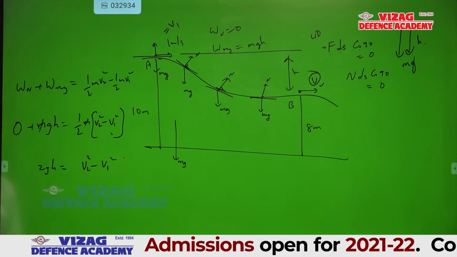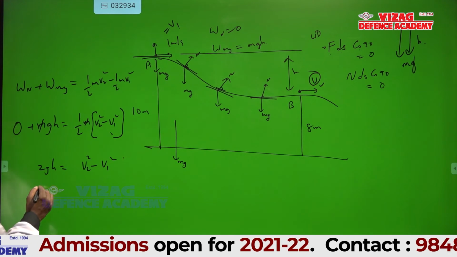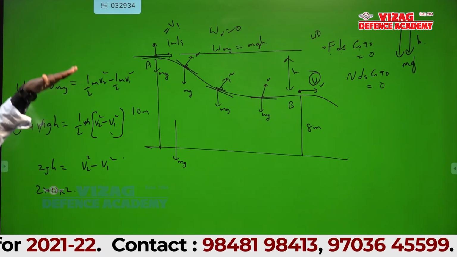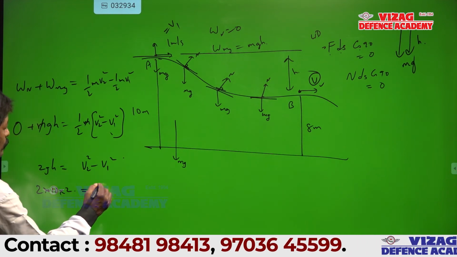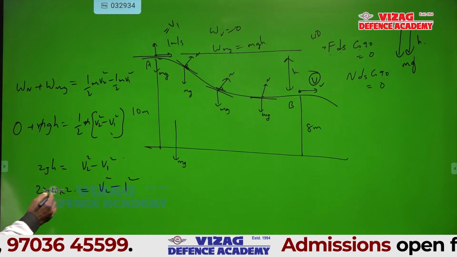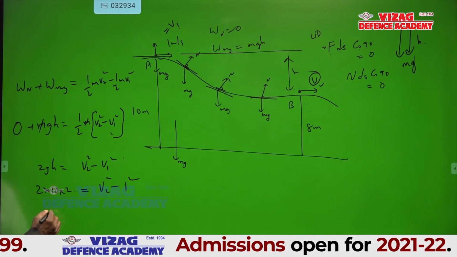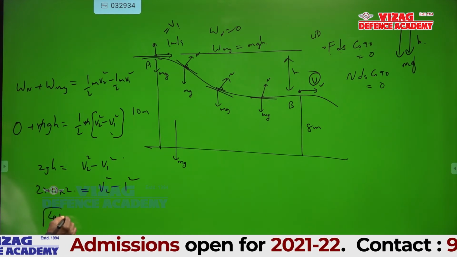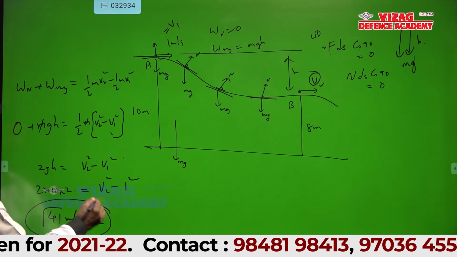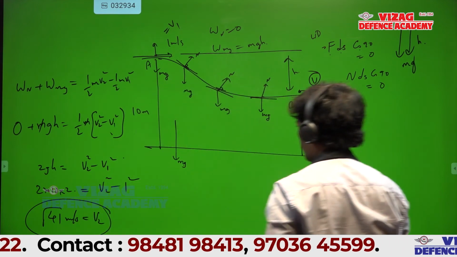Now I can substitute here, I will take g as 10: 2 into 10 into 2, vertical distance is 2, equals v2 square minus v1 square, which is 1 square. How much do you get here? 41. Under root meter per second is v2. So what is the velocity at point B?